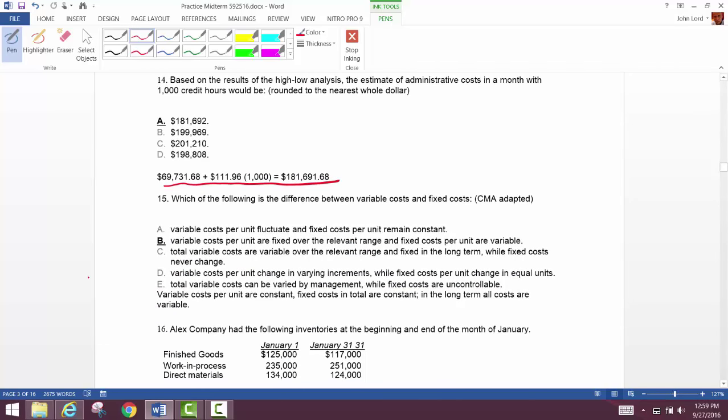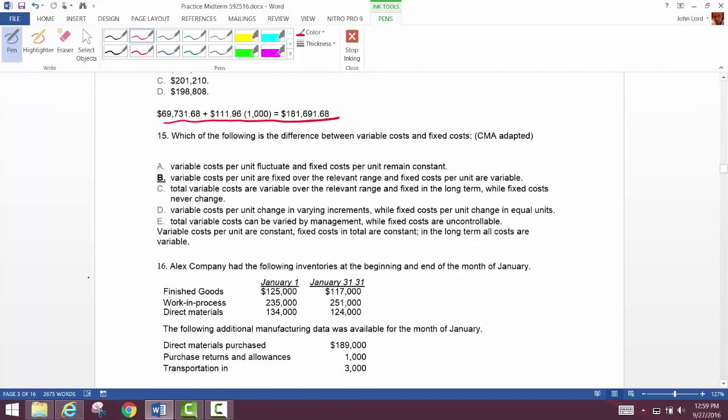Okay, let's take a look at this one. Which of the following is the difference between variable cost and fixed cost? Variable cost per unit are the same, are fixed over the relevant range. Fixed cost per unit are variable, aren't they? Right?